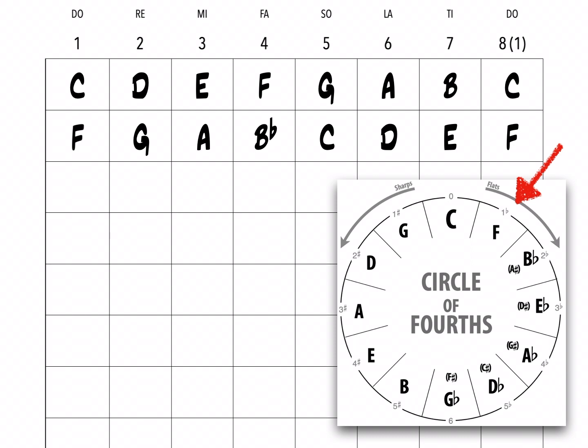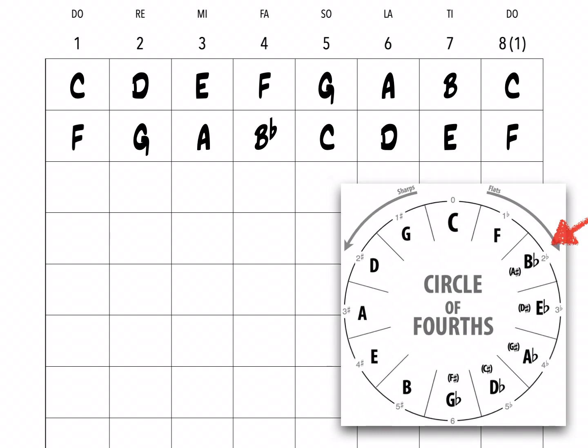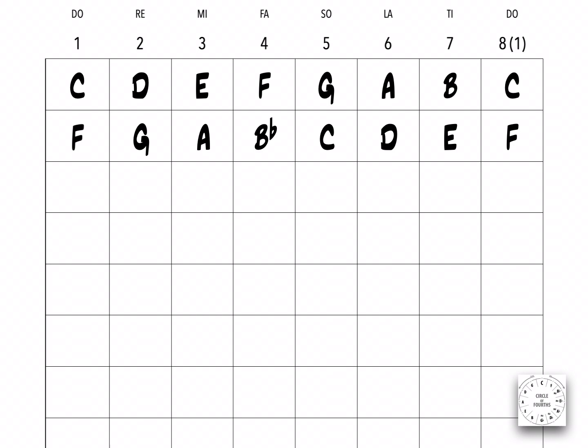Looking back at our circle of fourths, we now move to the B flat major scale and see that it has 2 flats in it. Next, we start by writing the first note of the scale, B flat, and then we write the rest of the musical alphabet letters all the way through, double checking that we don't skip any letters, until we end on B, which we call B flat because a scale always ends the same way it begins.